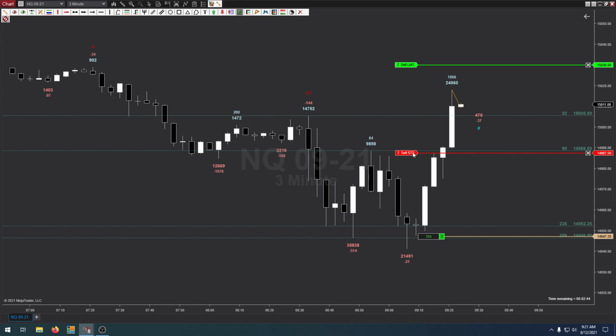That is why I'm trying to figure out where to put my trail right now. I'm going to bring it up to here. The only reason I'm willing to stay in this right now is because this closed above that high right there. Or else I would have it right here, I believe.